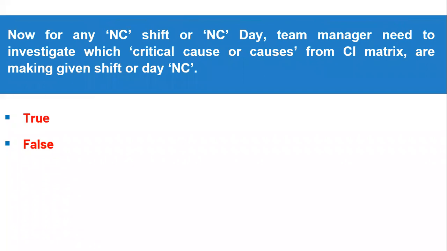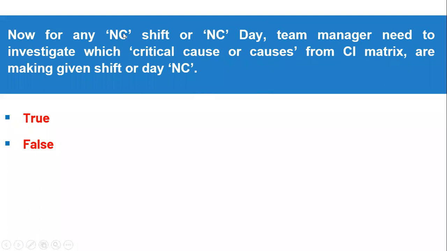Now, for any NC shift or NC day, the team manager needs to investigate which critical cause or causes from the CI matrix are making the given shift or day NC. So either the team manager or your shift supervisor or assistant manager, or they can do it together as well, right? So let me read it out again.